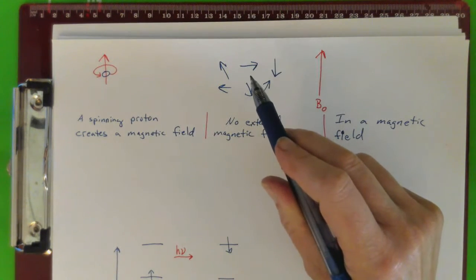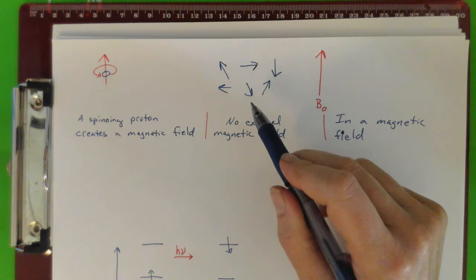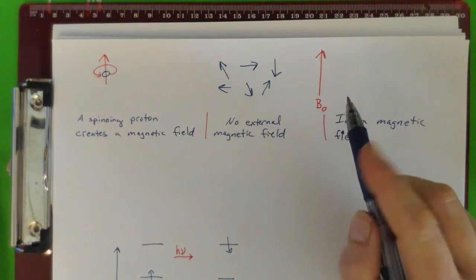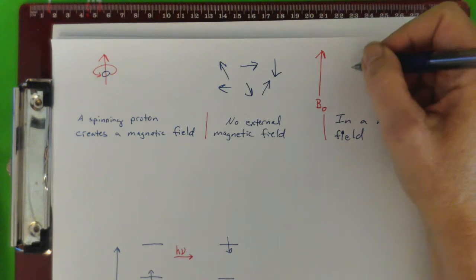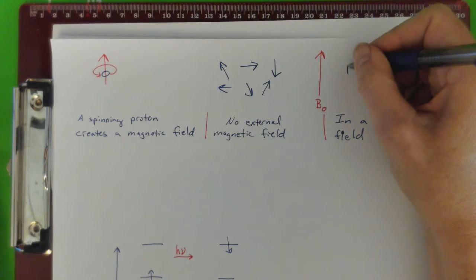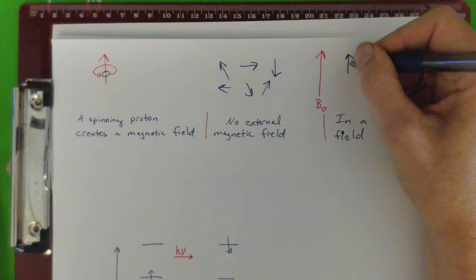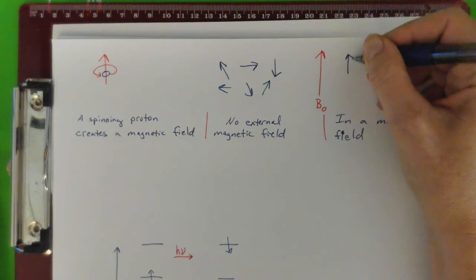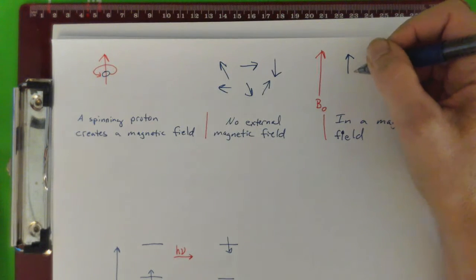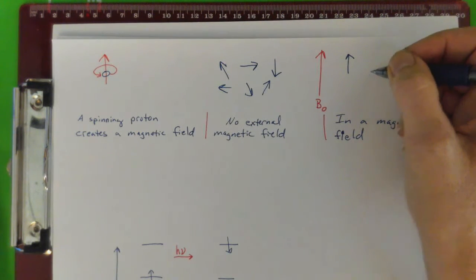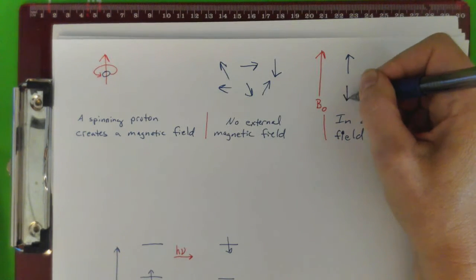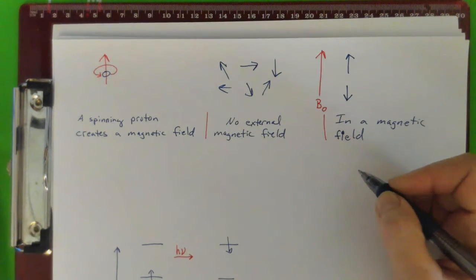What is going to happen is that each nucleus can orient in one of two ways. It can either orient itself with, or parallel to, that external magnetic field, or it can be oriented against, or anti-parallel to, that external magnetic field.